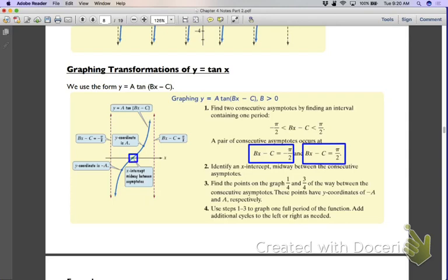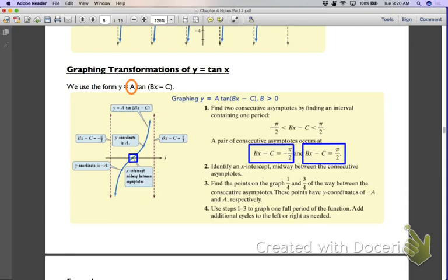Your other 2 points that you're looking for are all dependent on whatever your a value is. Whatever your a value is, that's going to go on the right side. The left side is just the opposite of it. Okay? So the left side is the opposite value.